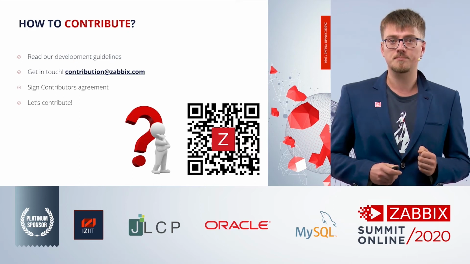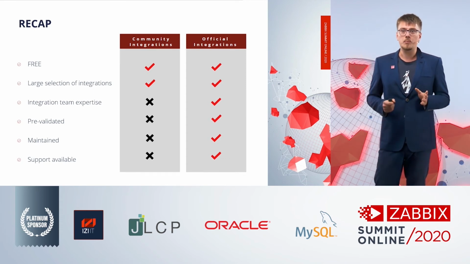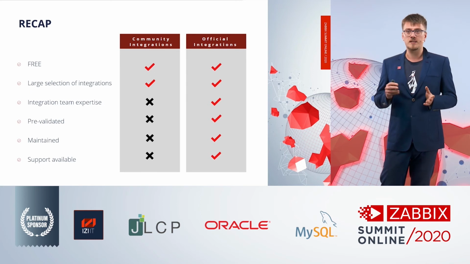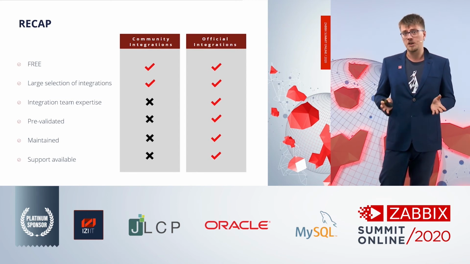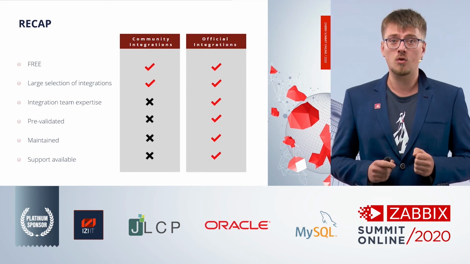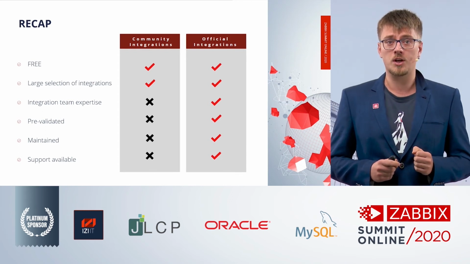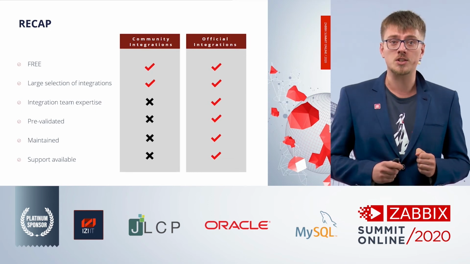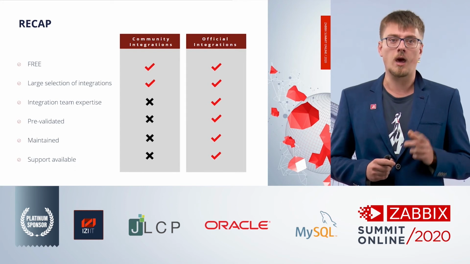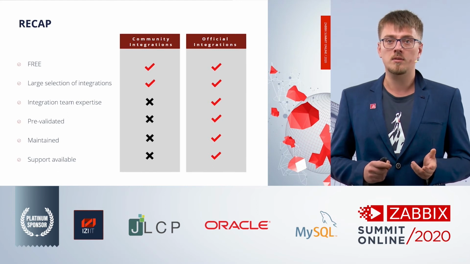To recap all of what I've said, if we compare community integrations and official integrations, we can see that both of these types of integrations are free and have a large selection of integrations. But what comes extra with the official integration is Zabbix integration team expertise: the integrations come pre-validated, they are well maintained, and support is available.